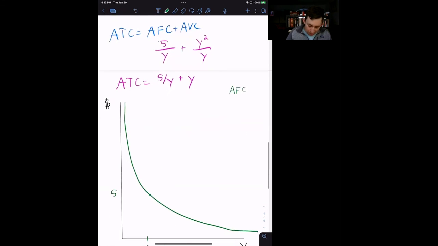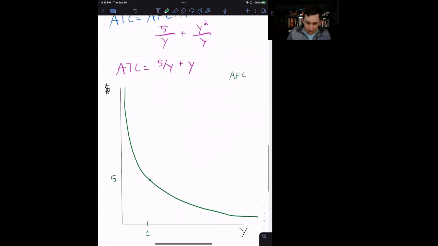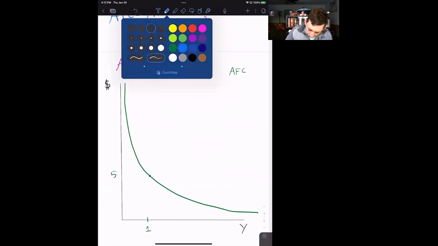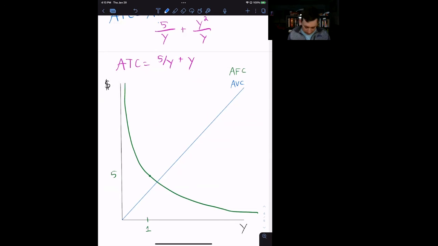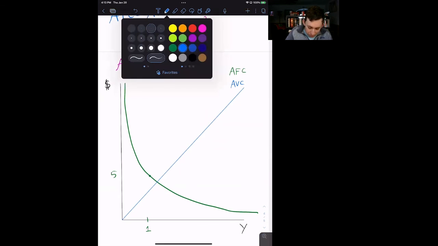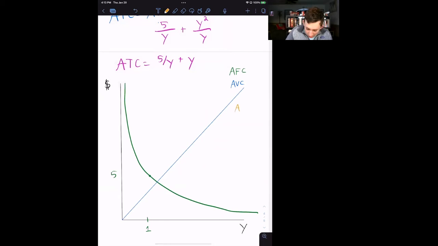Now, our average variable cost is y. So our average variable cost in this case is going to be a line with a slope of 1. And our average total cost is just going to be the sum of these two, the sum of the average fixed cost and the average variable cost.